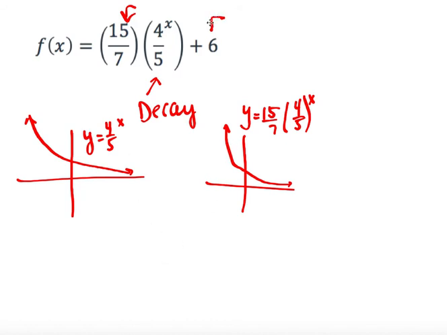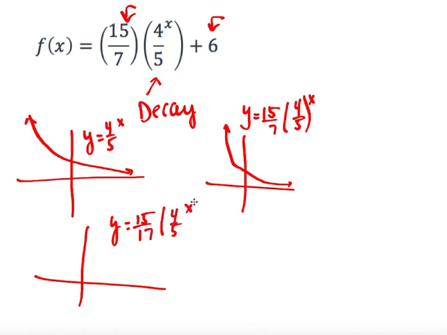And then the last thing we have to deal with is this +6. So if I had them all together, and then I had a +6, of course I'm changing this where this is the f of x. I'm just showing you the way I get it straight in my mind. So it's going to look like this. This includes all this, but then it pushes up 6 units.